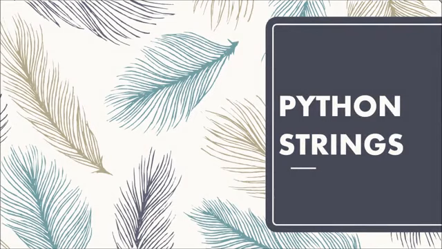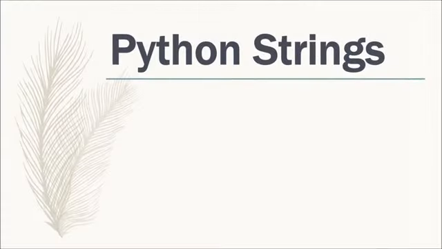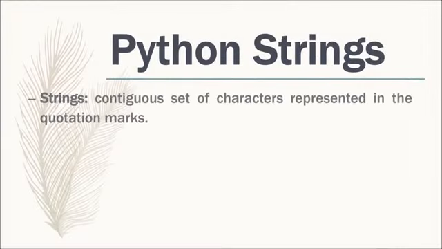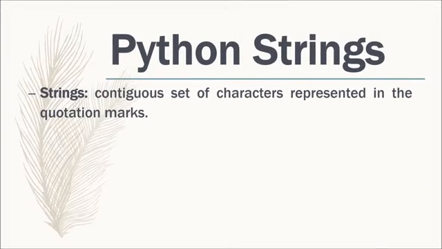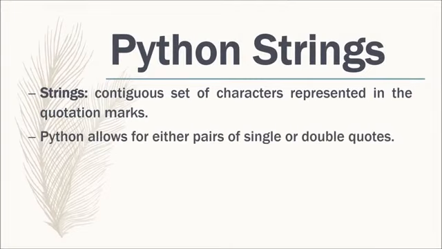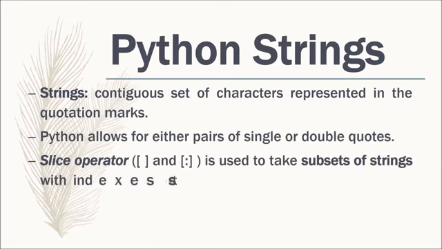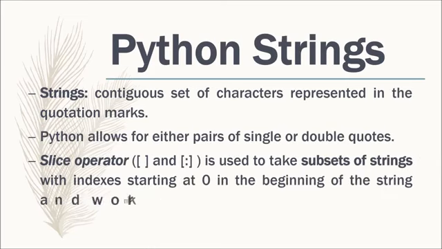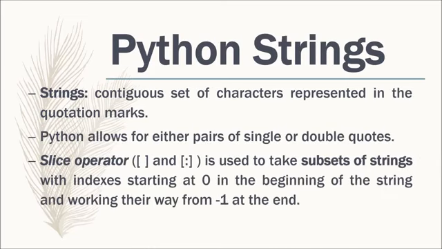Next topic is the Python strings. A string is a contiguous set of characters represented in quotation marks. Python allows for either pairs of single or double quotes. The slice operator is used to take subsets of strings, with indexes starting at 0 at the beginning of the string and working their way from -1 at the end.